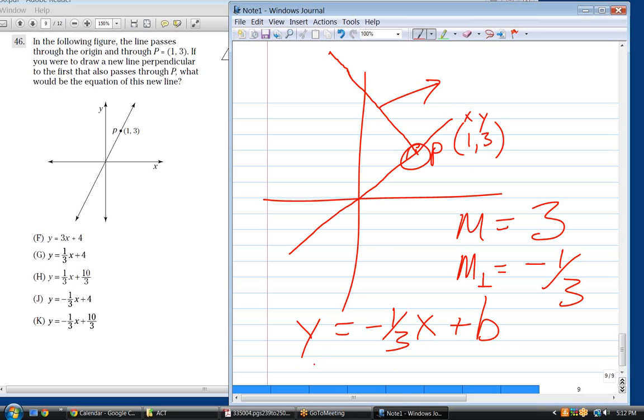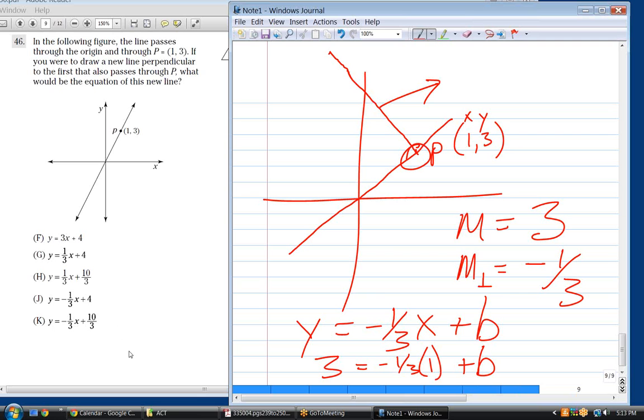So 3 equals negative 1/3 times 1 plus b. Okay. So then 3 equals negative 1/3 plus b. So b equals 10 over 3. Which makes it k.